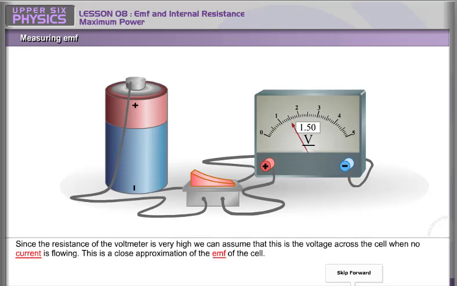Since the resistance of the voltmeter is very high, there is actually a built-in resistor inside the voltmeter. When it's very high, we can assume that this is the voltage across the cell because there is no current flowing through the voltmeter, just a little bit, but not much because of the very high resistance.